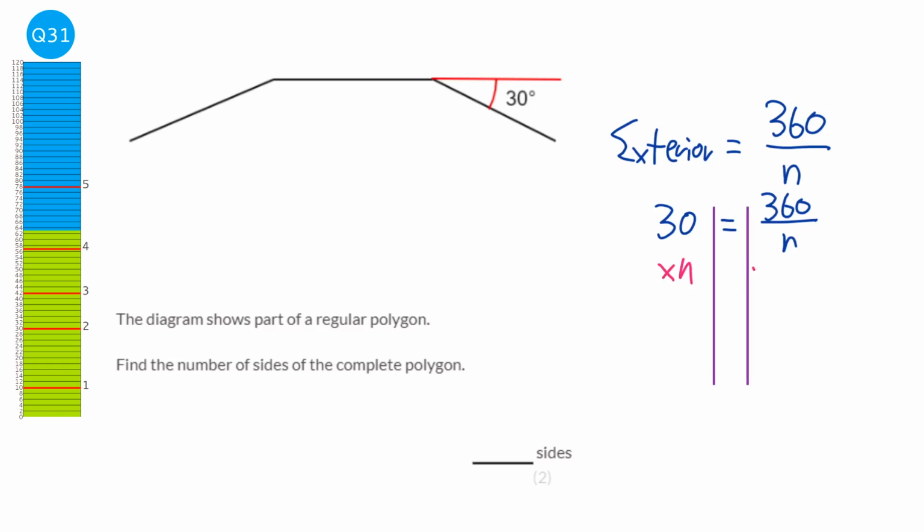We can times both sides by n, and then divide both sides by 30. And so we've got n equals 360 divided by 30. And when you do 360 divided by 30, we get the answer of 12. So it's a 12-sided shape.